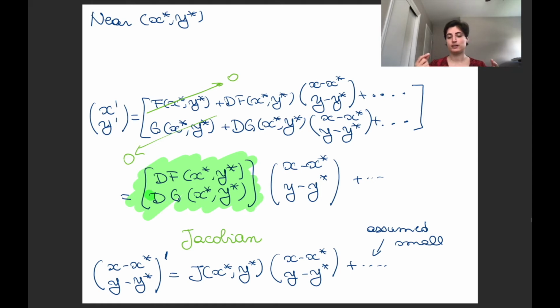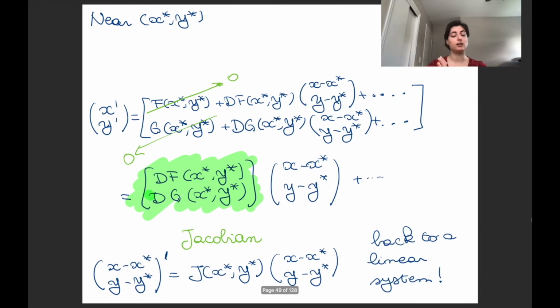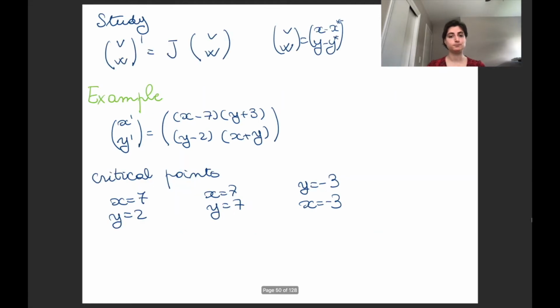But x star and y star are fixed. So the Jacobian computed at (x star, y star) is a fixed matrix. We have gone back from nonlinear problems to a 2 by 2 linear ODE system, because we don't have any nonlinearity anymore. The only difference is that we went from a system of x and y to a system of x minus x star, y minus y star.